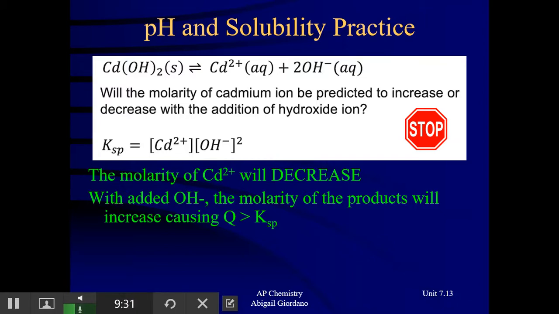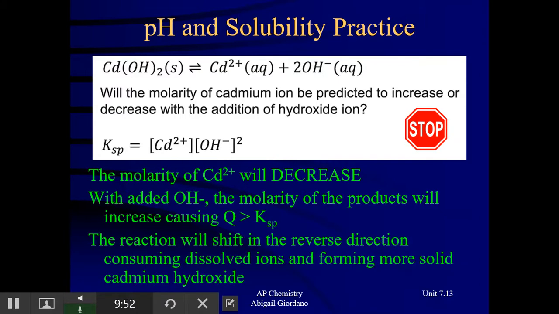Remember, adding additional hydroxide is going to take us out of equilibrium, so we can talk about Q. Increasing the molarity of the products is going to cause Q to be greater than Ksp. Remember back, guys, what happens when Q is greater than K? The reaction will shift in the reverse direction, consuming some of those dissolved ions and forming more solid cadmium hydroxide.